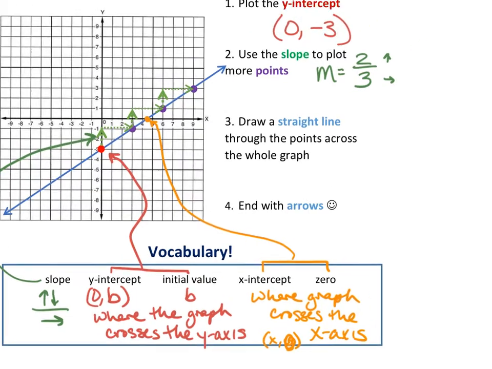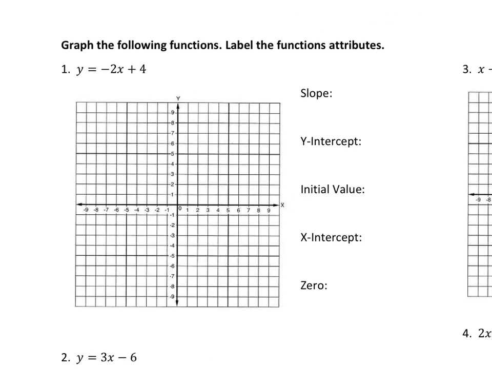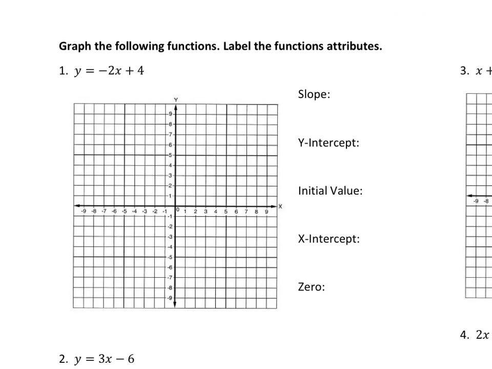Let's do a couple practice problems together so that we can see how to graph these just a few more times. So we're going to graph the function and label its attributes. Okay, the first thing we need to do is find the y-intercept and plot it. Now we know that this equation is written in slope-intercept form because it's in the form y equals mx plus b.